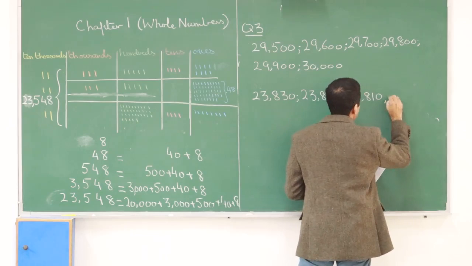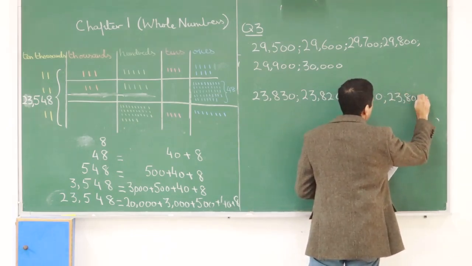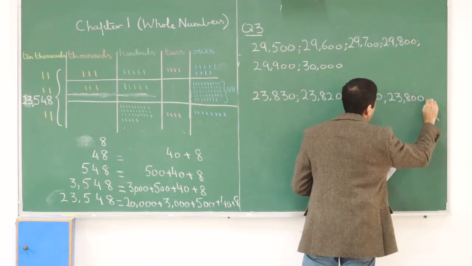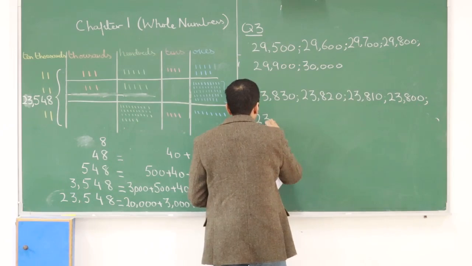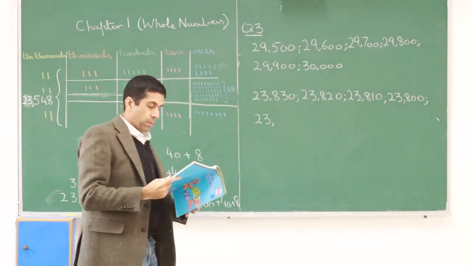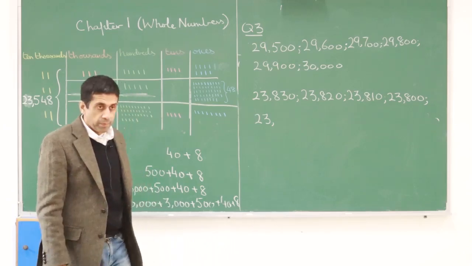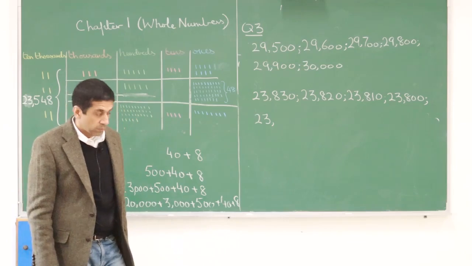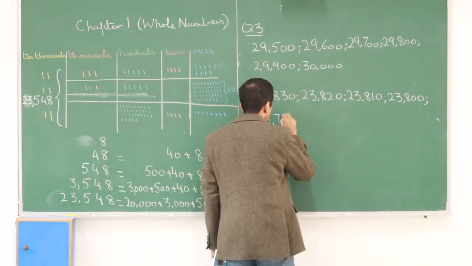Now you get 23,800. And what's the next one? 23,000. Sorry. 23,000. Since you're subtracting 10 each time, it would be 23,790. Yeah, very good.